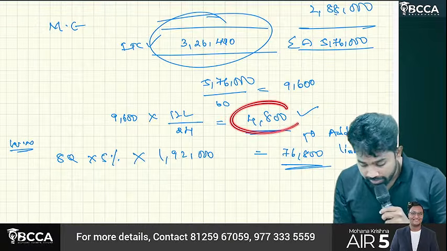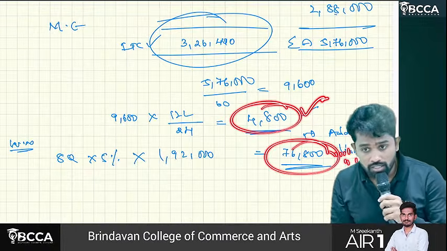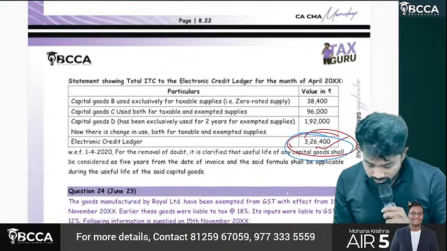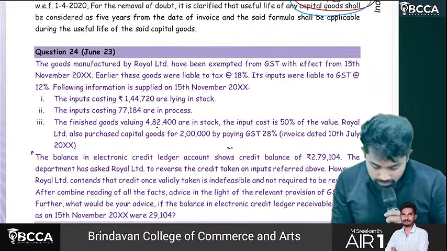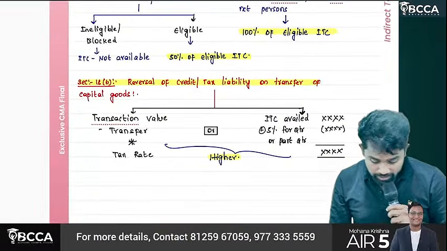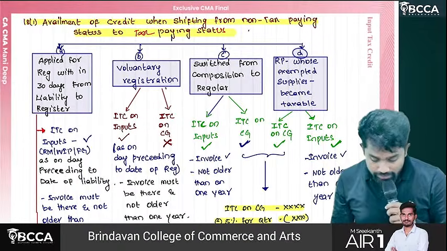So ineligible credit here is 4,800 and this 76,800 we need to add to the liability. Okay, that only they also did, 4,800 here. So okay, that is related to capital goods, sir. Now this 17.4 we have completed already, 18 subsection 6 we have completed already. Now this one, sir, 18 subsection 1.